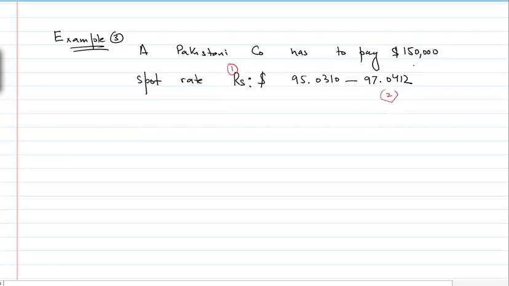So step number 2. Now multiply or divide. Now you can see that dollars is a bigger currency, and in $1 you're going to have more than 1 rupees. So it means that you're going to multiply now. Step number 3. So what we'll do is we'll multiply $150,000 with the bigger rate, and these are basically 97 point something rupees per dollar.